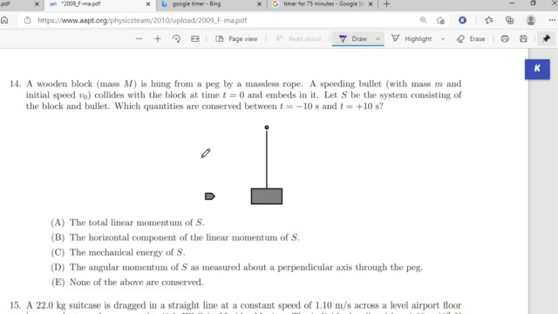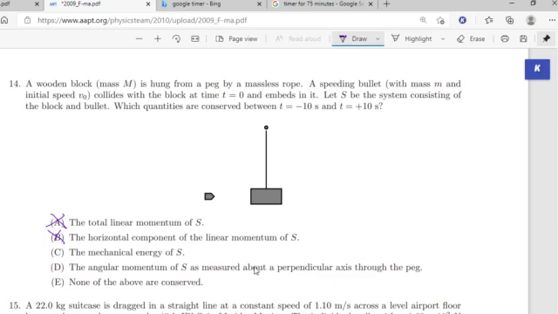Okay, well, this is wrong because there's gravity and also tension. This would also be wrong because if the block moves this way, there's going to be a horizontal component to the tension, and force is a change in momentum with respect to time. So the momentum would still change.